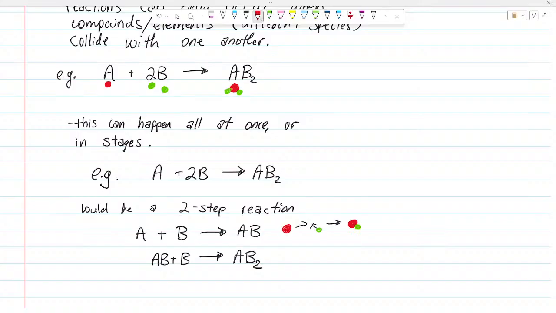And then the second half, it would look like an AB bumping into a B to form AB2.